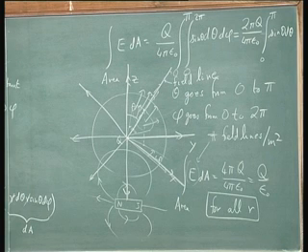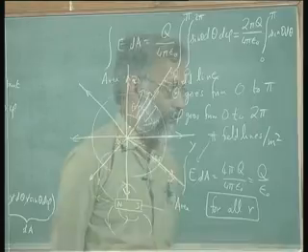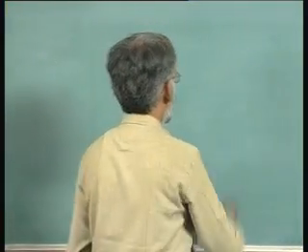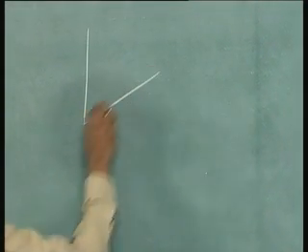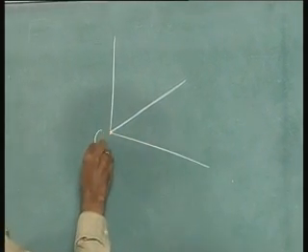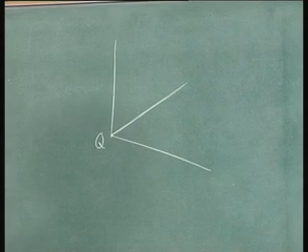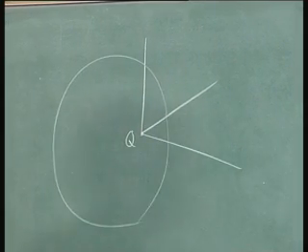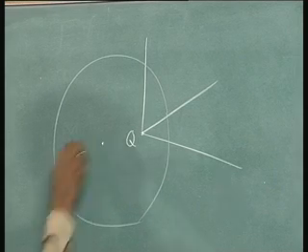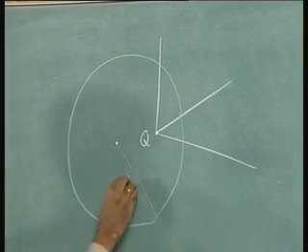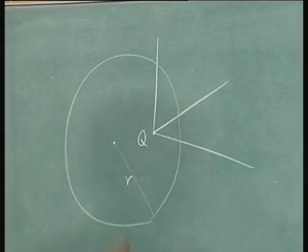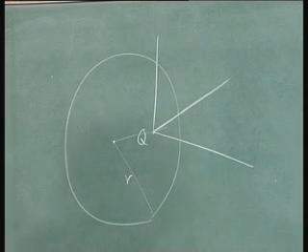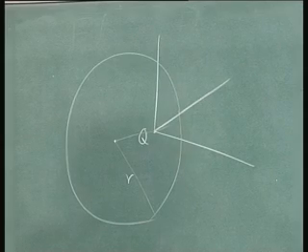Okay, so that was for a charge sitting at the origin and a sphere centered on the origin. But supposing I put my charge at the origin, but I did not center my sphere at the origin. I put my charge off center. This is the center of my sphere, it has a radius r, but the charge is sitting somewhere else. It's sitting inside the sphere, but it is not at the center.